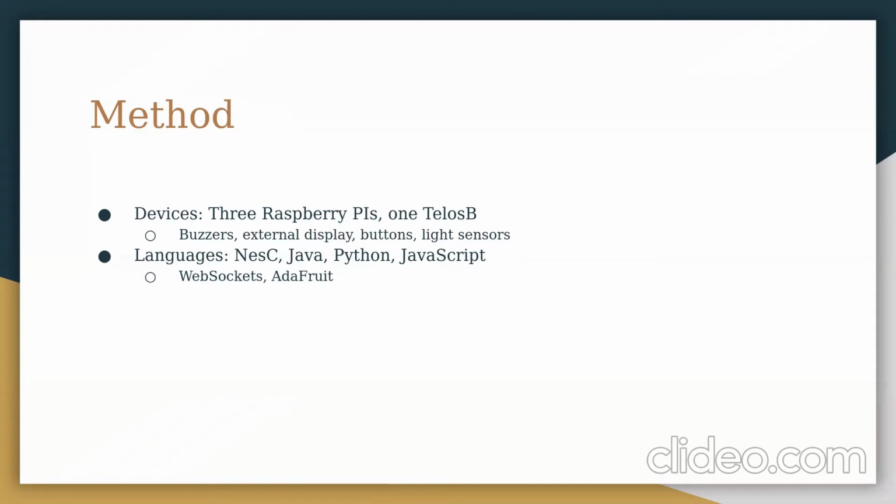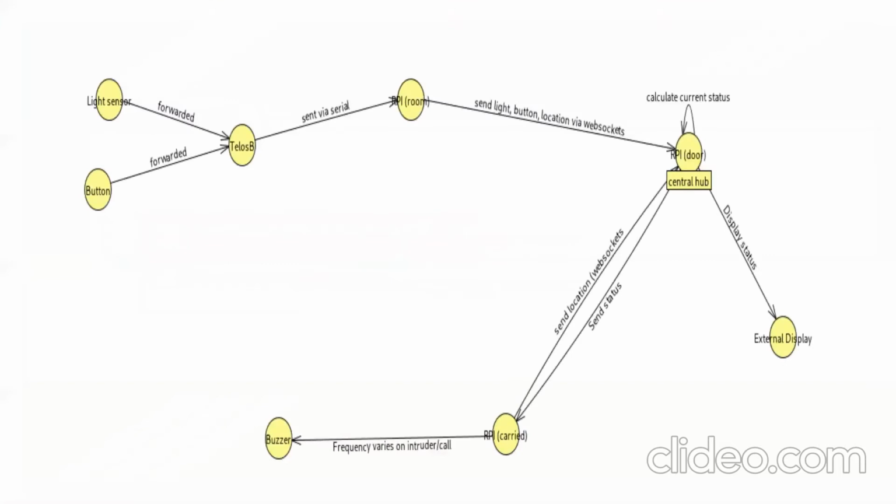So here's the design diagram that I have for it. So I have my Telos B and the Raspberry Pis, just as a central node sort of in the middle of this diagram. The Telos B has a light sensor and a button on it.